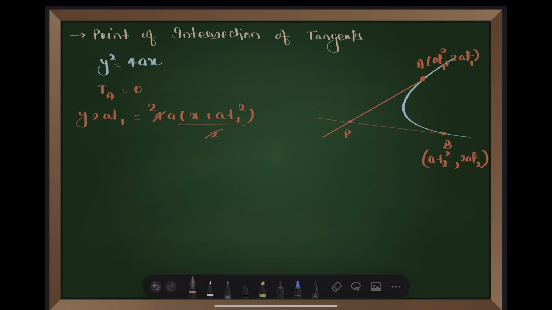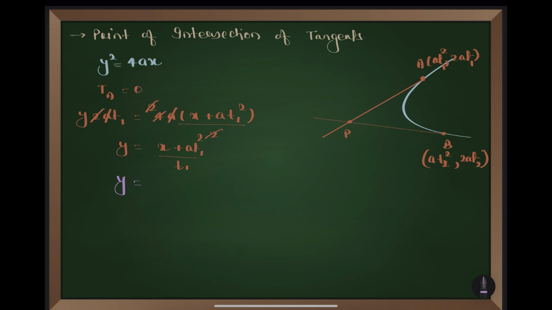So this thing gone, a gone. Okay, so y will be equal to (x plus at1 square) by t1. And similarly we will get the next tangent, T equals to 0 for B. So we will have y equals (x plus at2 square) by t2.